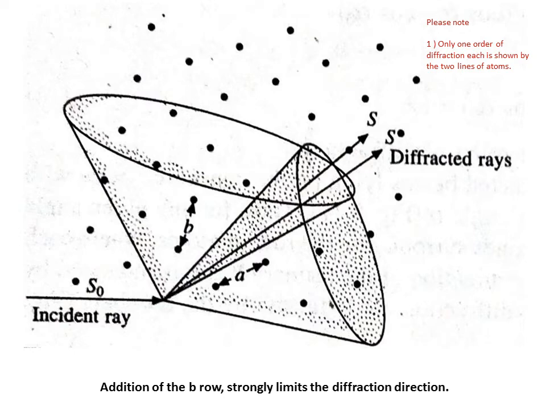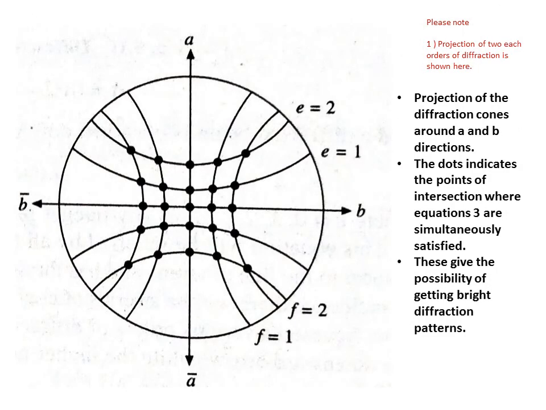If we project those two cones onto a two-dimensional plane, this is how we are going to see it. This is another interesting way in which we can look at how those two equations are simultaneously satisfied.